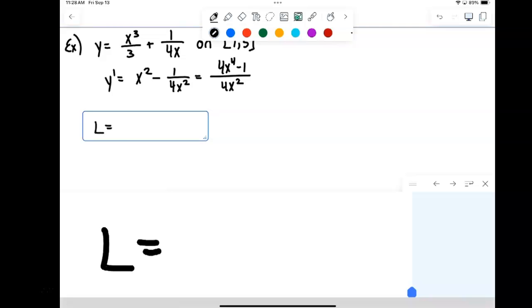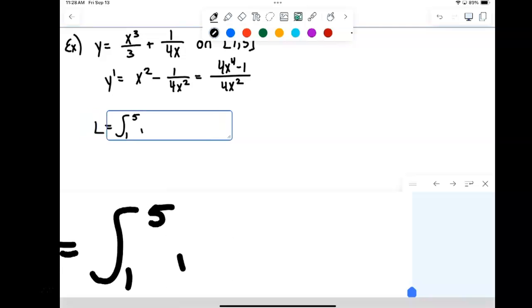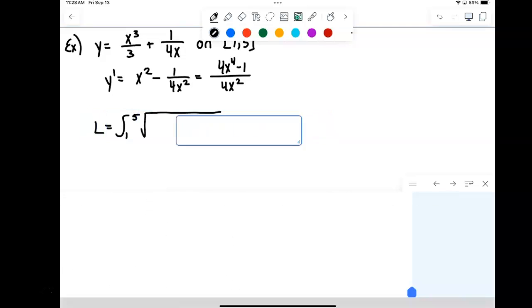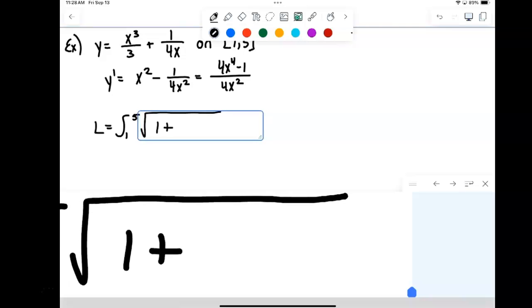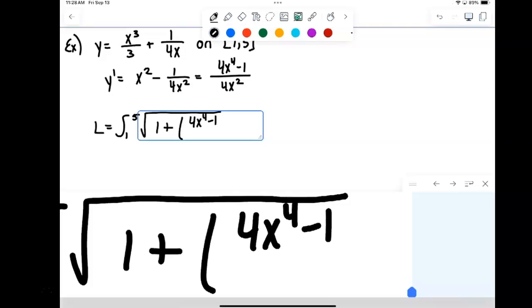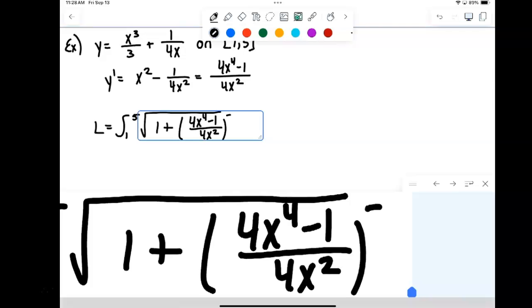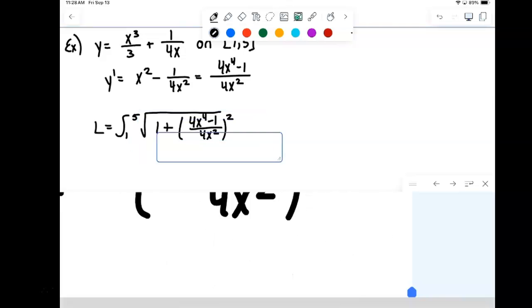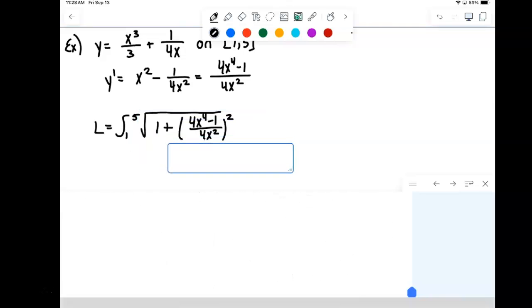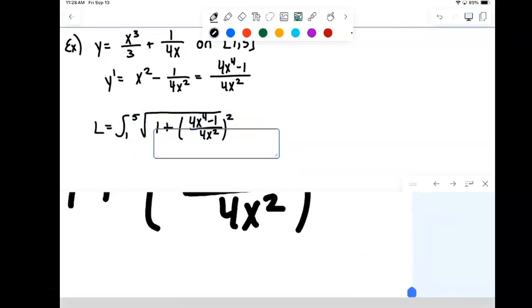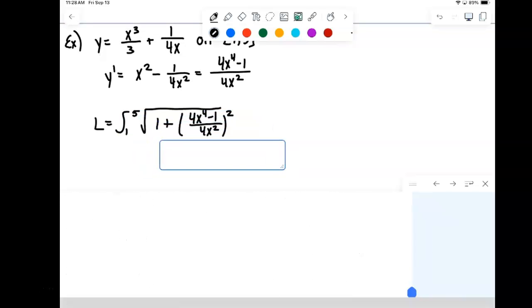The arc length will be the integral from 1 to 5 of the square root of 1 plus that stuff squared: 4x to the 4th minus 1 over 4x squared, quantity squared. Okay, so we just need to start simplifying. So I'm going to do a little simplifying and come back to this square root stuff later.